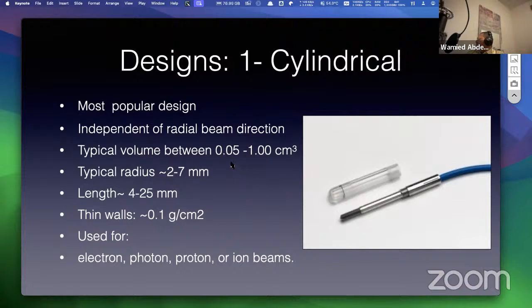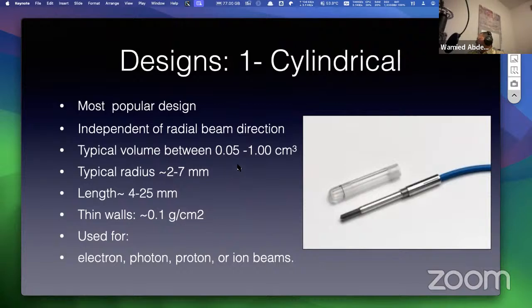Typical volumes: we can have very small ones, micro cylindrical, or semi-flex. For example, we can have 0.6 cc, this is the thimble, and then we have a mini.